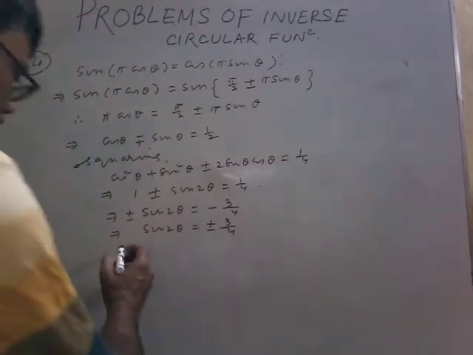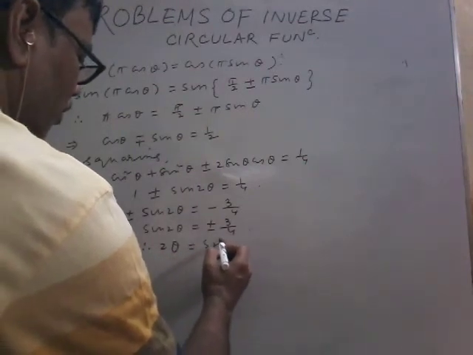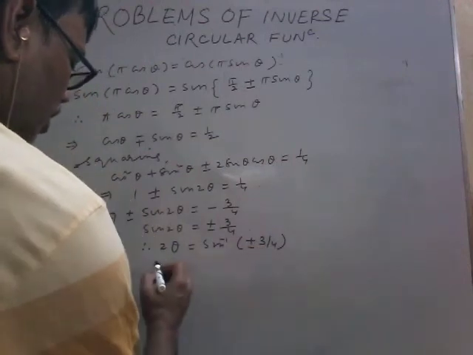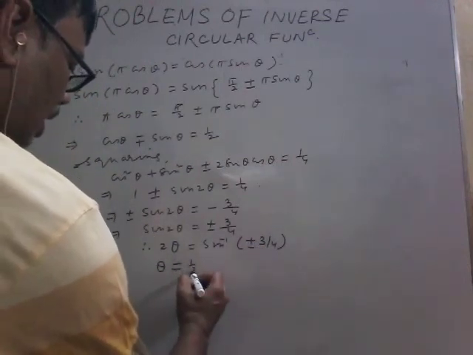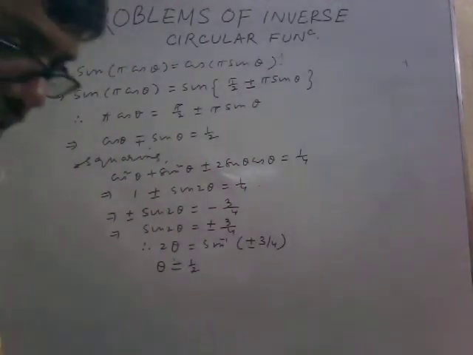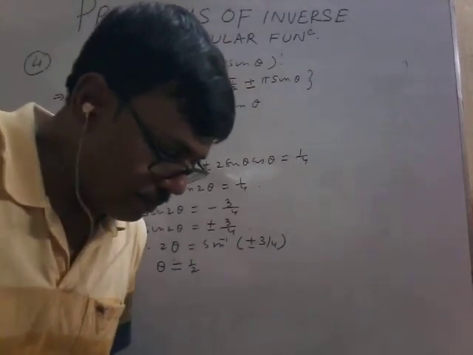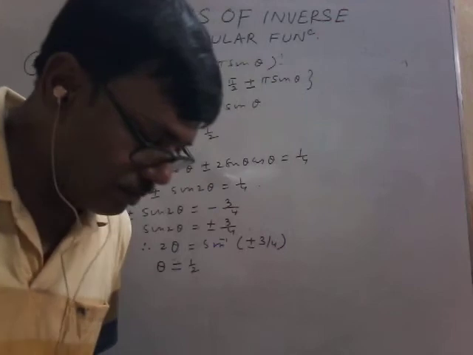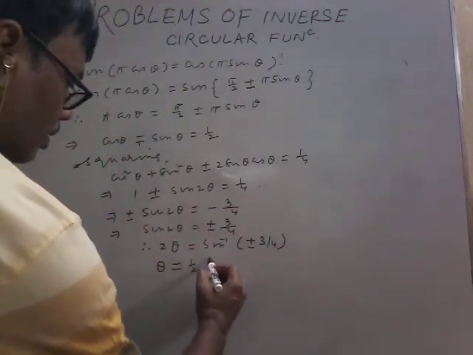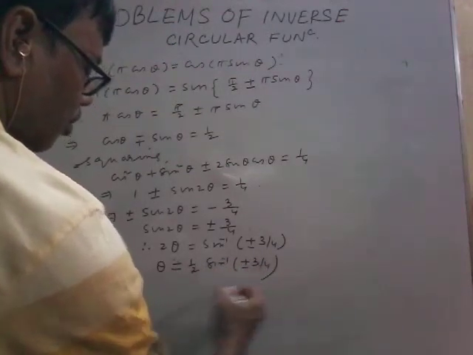So what is 2 theta? Here we have to use 2 theta equals sin inverse plus minus 3 by 4. So theta equals half sin inverse plus minus 3 by 4.